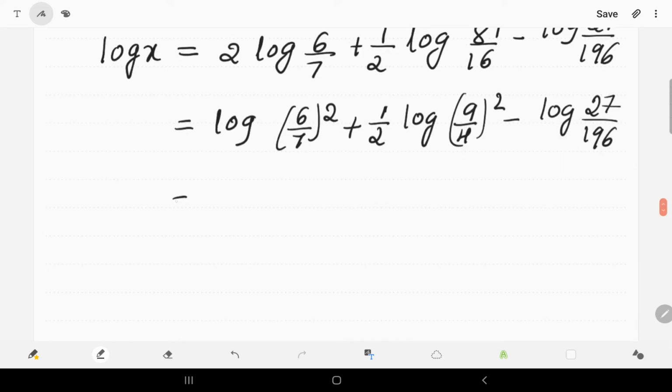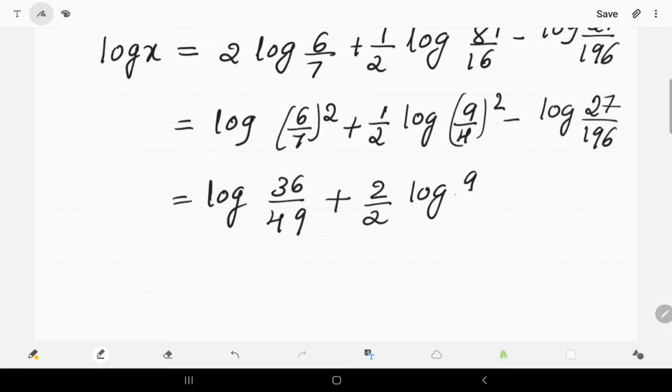So that is equal to log of 36 by 49 and plus, take this 2 to this side, that is log of m to the power n is equal to n log m. So 2 by 2 log of 9 by 4 minus log of 27 by 196.